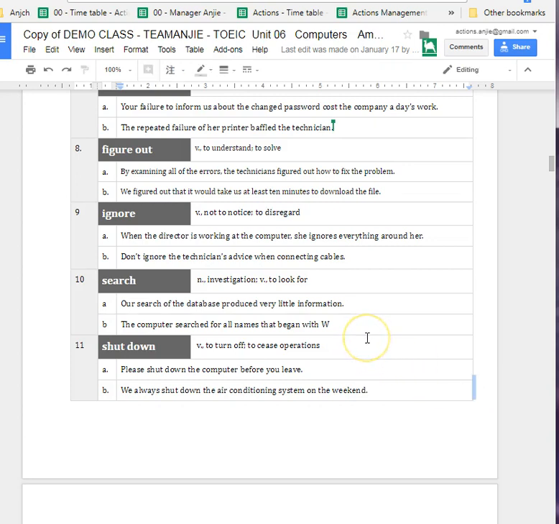Next word is ignore. It is a verb and it means not to notice or to disregard. An example is when the director is working at the computer, she ignores everything around her. Another example is don't ignore the technician's advice when connecting cables.